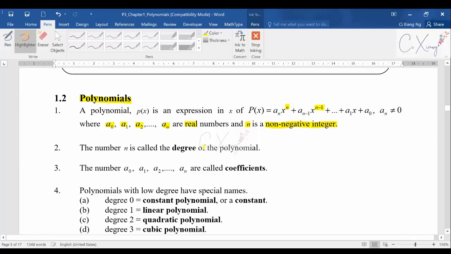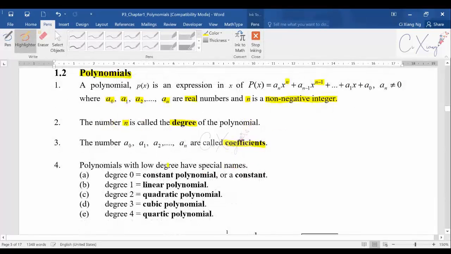Real numbers means numbers can be a fraction, a negative number, a positive number, and so on. And n is very important. The number n we call the degree of the polynomial, and the numbers in front of all the x we call coefficients. So all these are some very basic terms that you need to know.